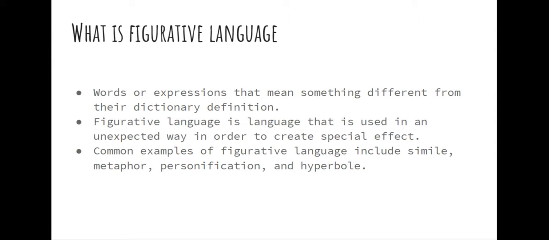What is figurative language? Figurative language is words or expressions that mean something different from their dictionary definition. Figurative language can also be considered language that is used in an unexpected way in order to create special effect.